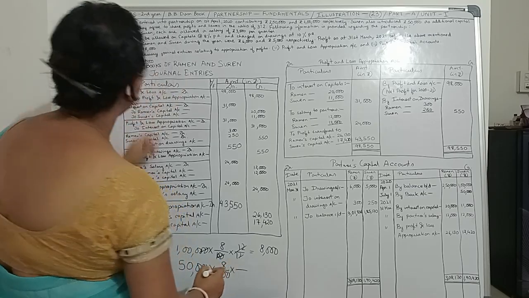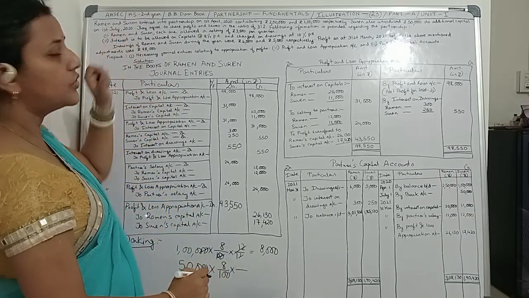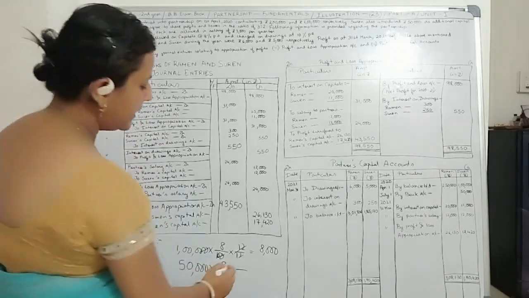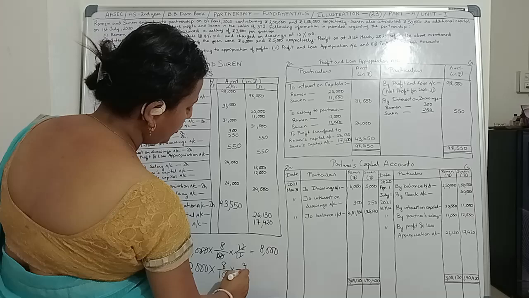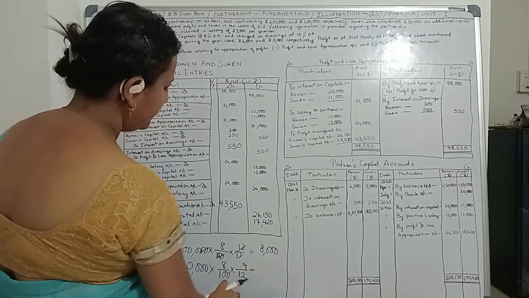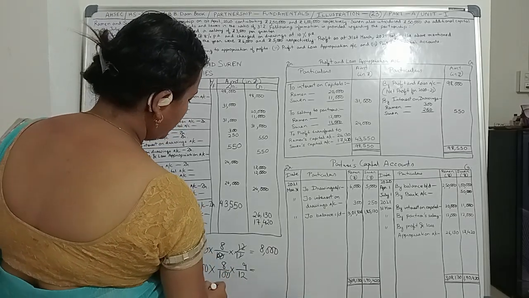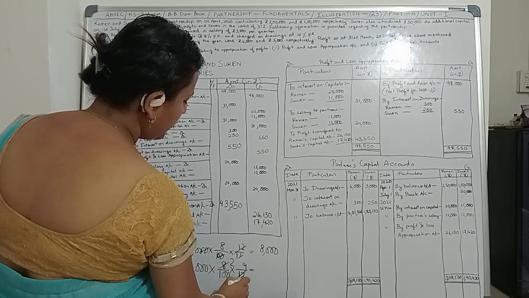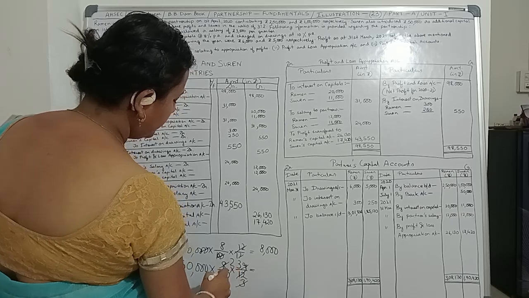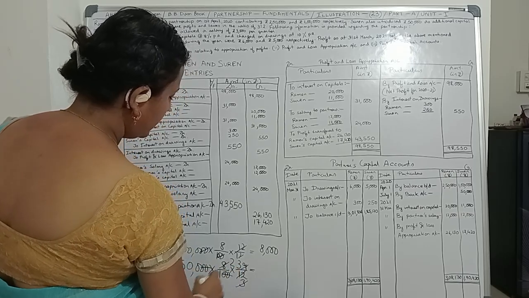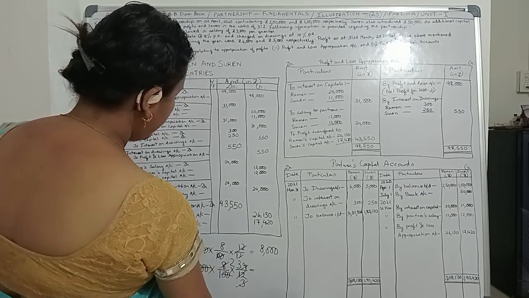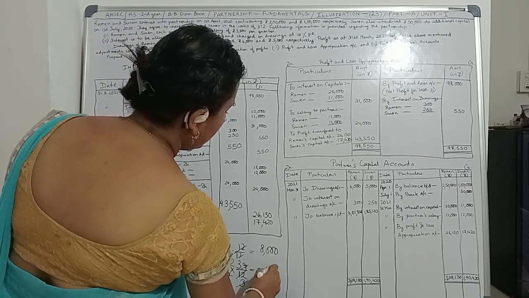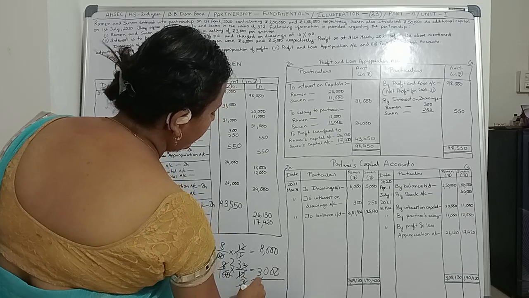The capital was introduced on 1st of July, so from July till March it is 9 months, so 9 by 12. When you cancel it out, 4 2s are 8, 4 3s are 12, 3 3s are 9, 2 zeros are cancelled, 3 2s are 6, 6 5s are 30. So 30 and double zero, it is 3,000.